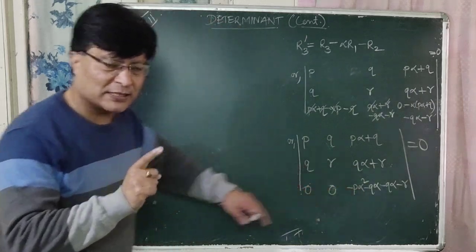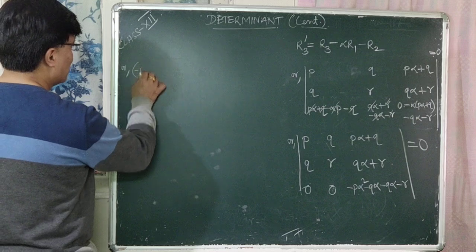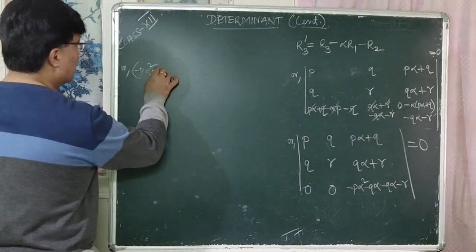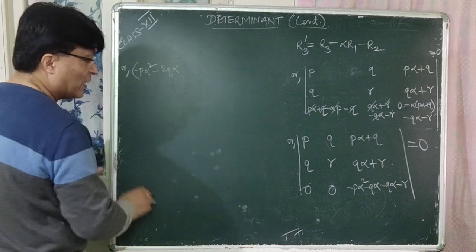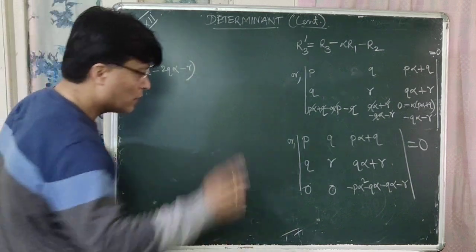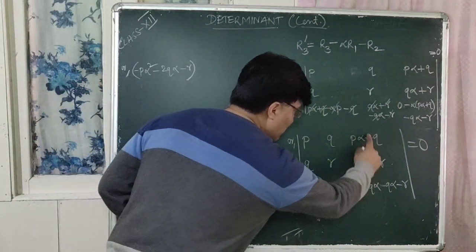But you have to write this term. That is plus. So within bracket, what is the term there? Minus P alpha square, minus Q alpha, minus 2Q alpha, then minus R. Bracket closed. If you consider this element, you have to delete the row and the column through the element.